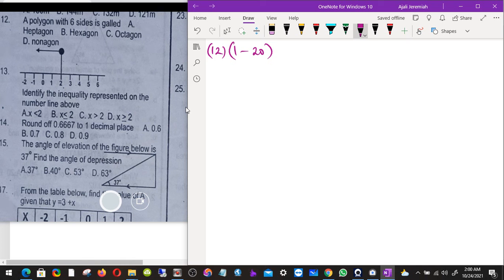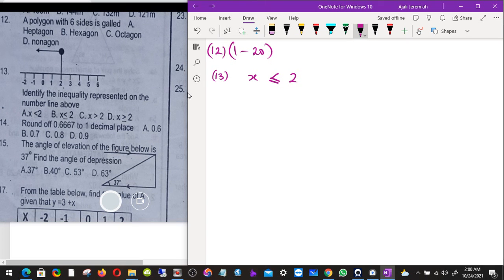Number 2, the circle here is shaded, meaning it's not just less than, it's less than or equal to, and is on 2. So number 13, we'll say x is less than or equal to 2. We chose less than because it's pointing in this direction. We took equal to because it's shaded, and we took 2 because that is where the man is standing on.